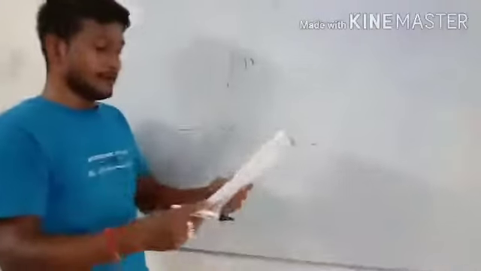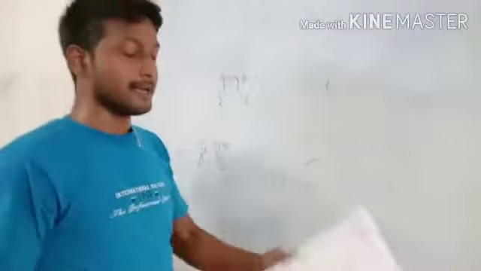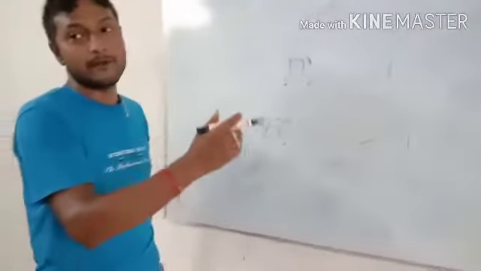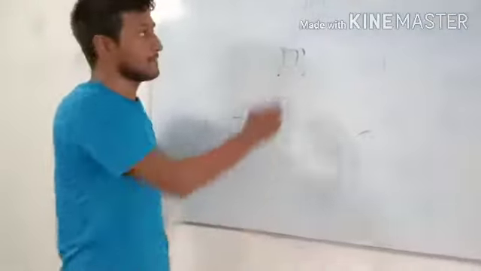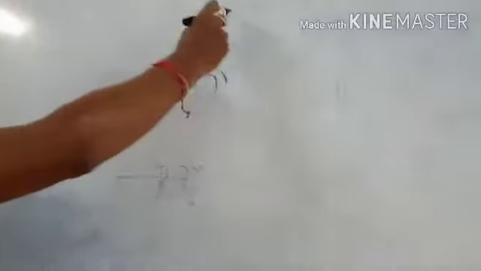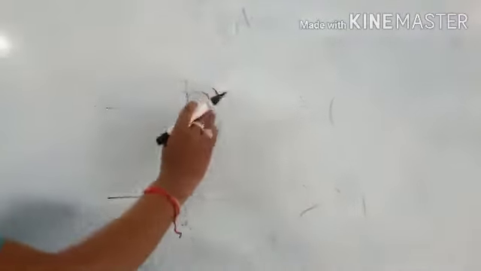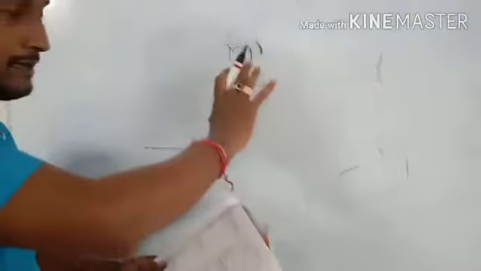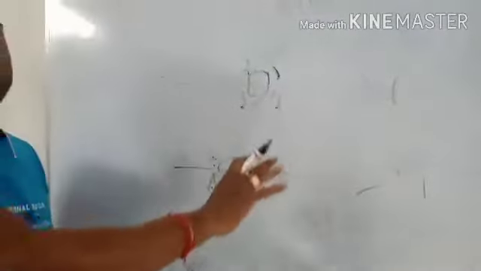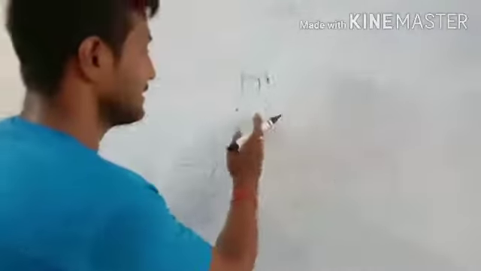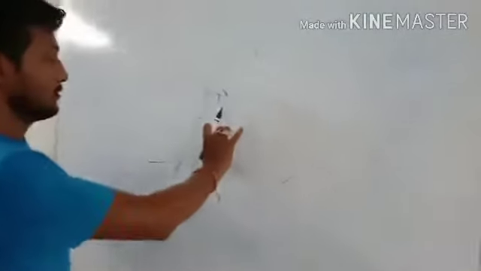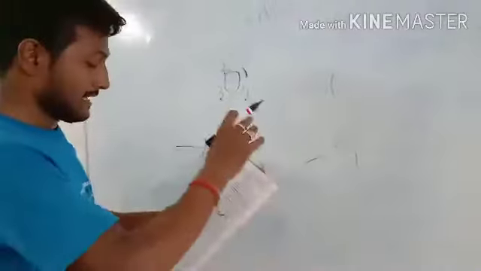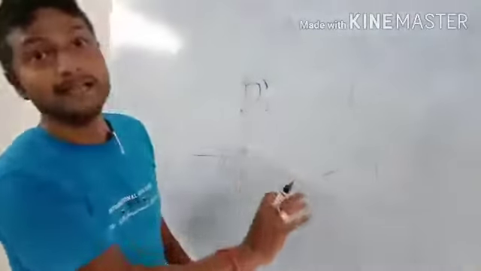Okay. Next, co-interior angles. Co-interior angles means interior angles on the same side of the transversal. This is the transversal. Interior angles on the same side of the transversal.